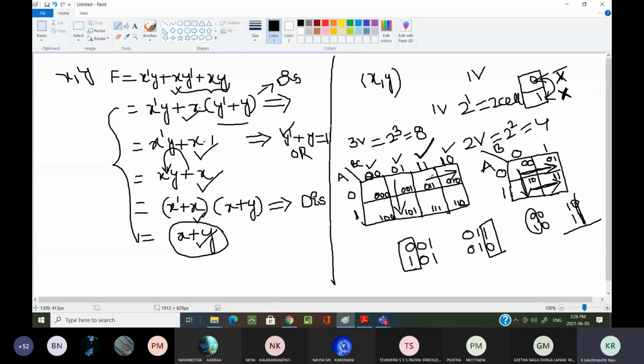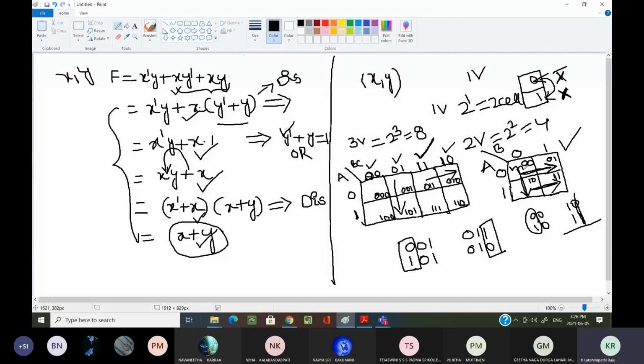If you remember one more point from when we were writing the notes, I explained that each and every cell represents one min term. Now tell me, if it is a 2 variable K-map, what is the min term here?